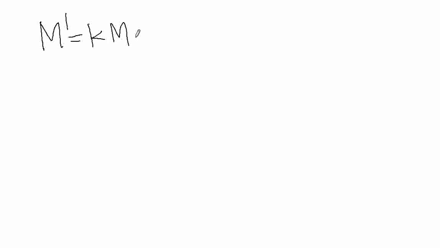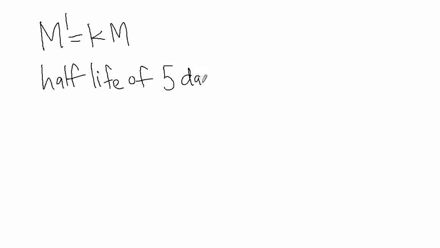So the time derivative of m is equal to some constant times m. Now, not only does the decay of radioactive bismuth-210 obey that differential equation, but it's also known to have a half-life of 5 days. What that means is that every 5 days the amount of mass decreases by 50%.